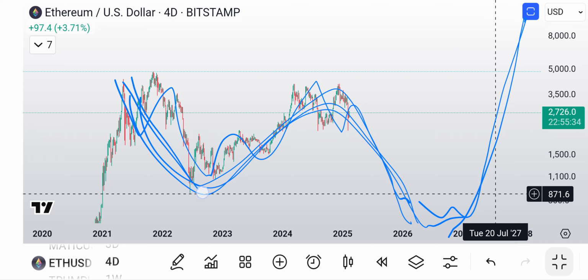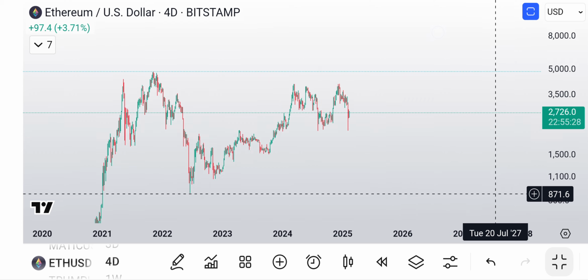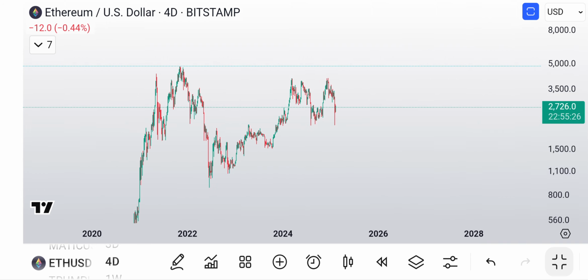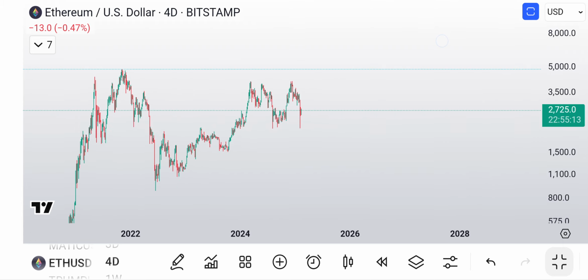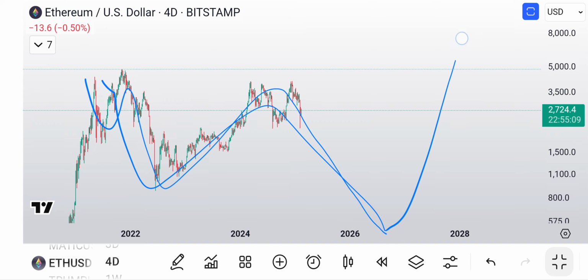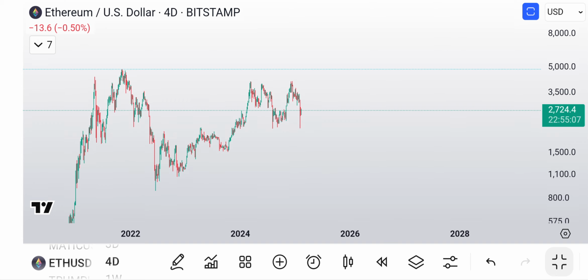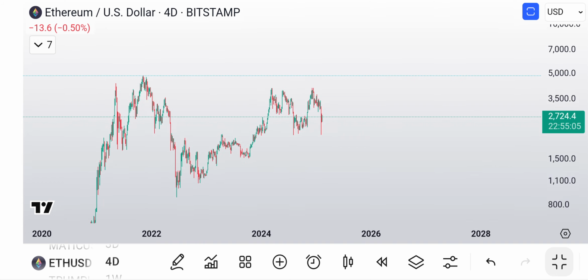Right? So then that's a massive ABC in this here. But the reason I don't like that is because this wave is only 3, 1, 2, 3. If this wave would have been 5, then that would have opened the possibility for this to be a big ABC or a big flat, right?